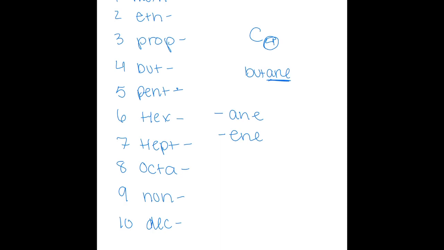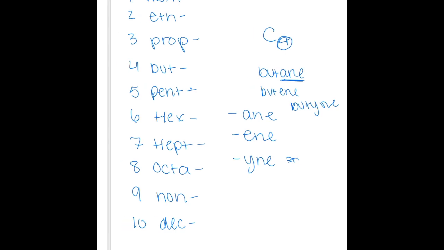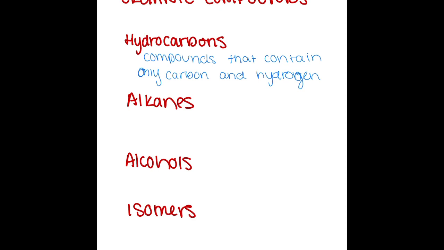And then it's yne, I believe. I don't really know how to pronounce that, but oh well. So that is going to be for at least one triple bond in it, or more. So technically this but could be butene or butyne. Sure. So those are our hydrocarbons.